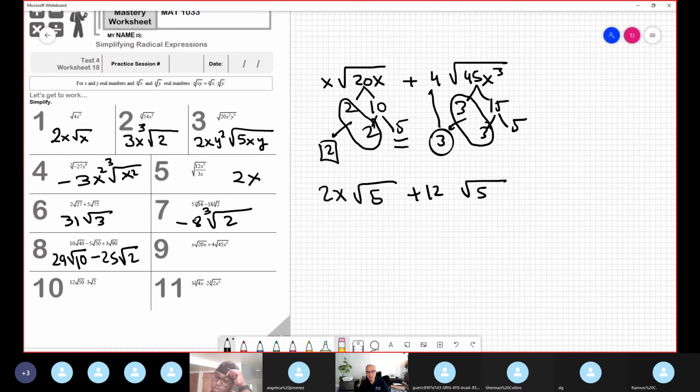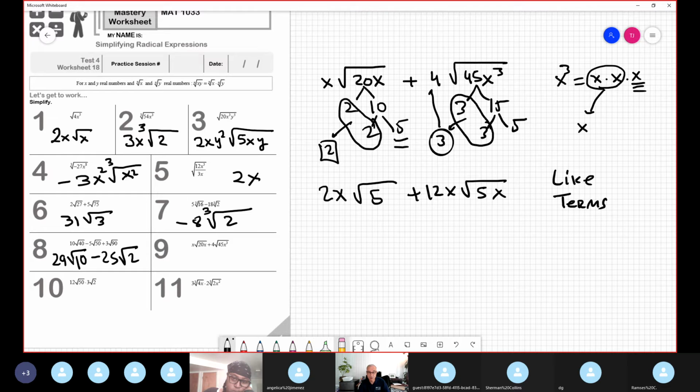But what about x? x cubed, remember, is x times x times x. We have a pair of x outside here, and one x stays inside. So I discovered again that they are like terms, and you add them: 14x radical.